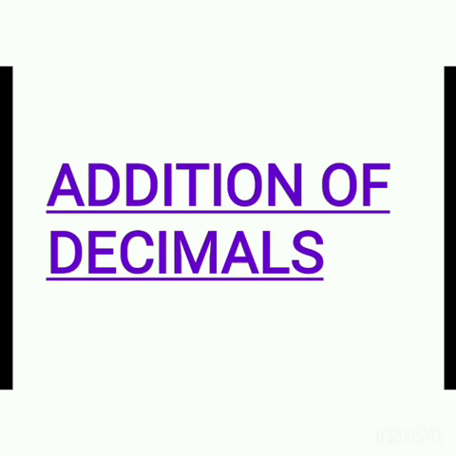What happens in the case of decimal numbers is that once you write the decimal numbers for adding, the place value and the decimal point should be placed correctly so that you can add the numbers. You have to write the numbers in order so that the addition is correct. We'll discuss with the help of examples.